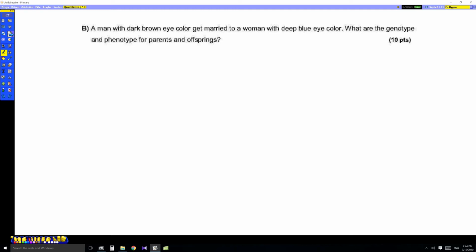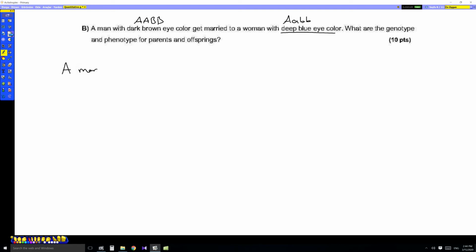Another question which was asked before in the ministry exam: a man with dark brown eye color, again A capital, A capital, B capital, B capital, married a woman with deep blue eyes, deep blue, 1 capital, the others are recessive. What are the genotype and phenotype for the parents and offspring?